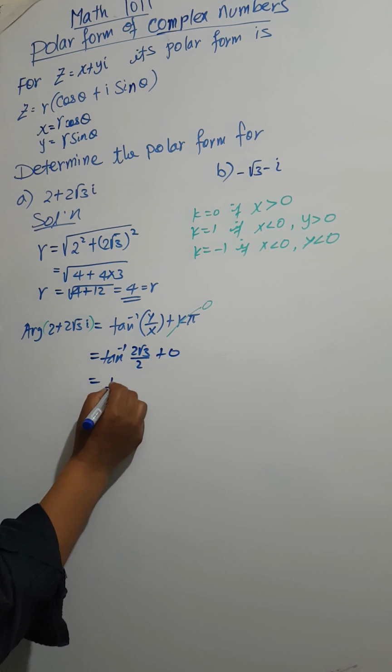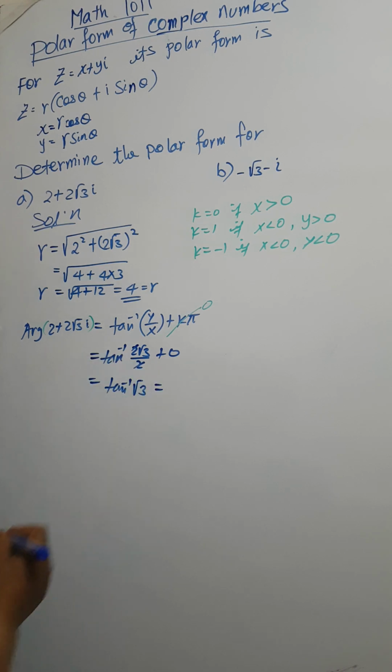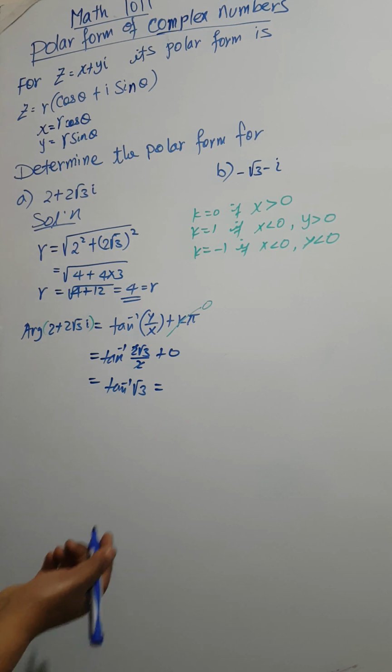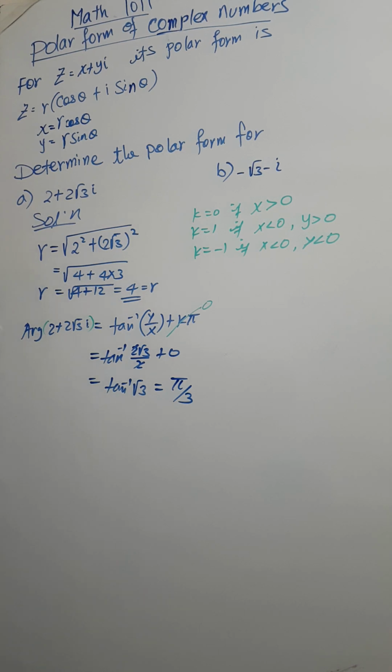This is tan inverse of root 3, which is 60 degrees, meaning pi over 3.